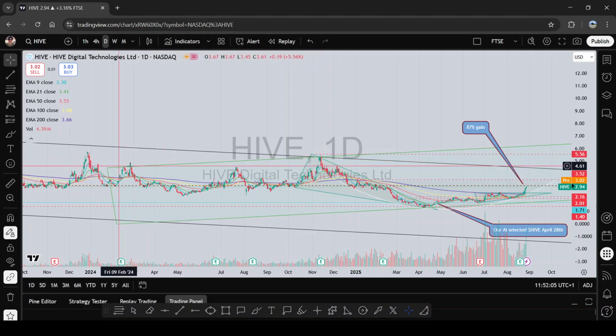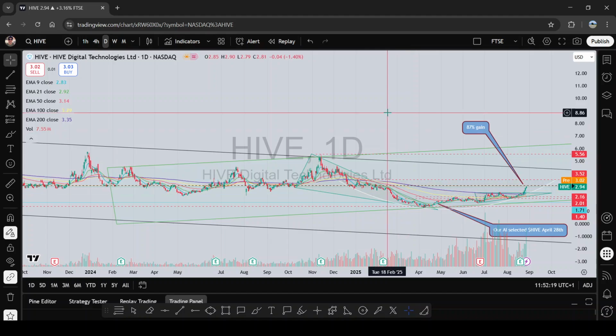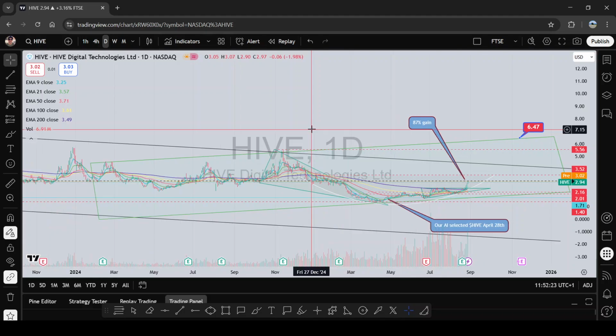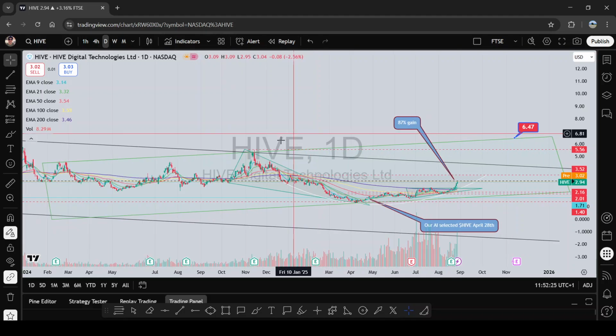So what I did was I drew a trend line. There's multiple touches, and I drew the trend line from these levels here, which went back to Feb 2024 within the larger downtrend macro structure, and then that gave a compelling argument of the idea that there was a trend reversal occurring with HIVE.